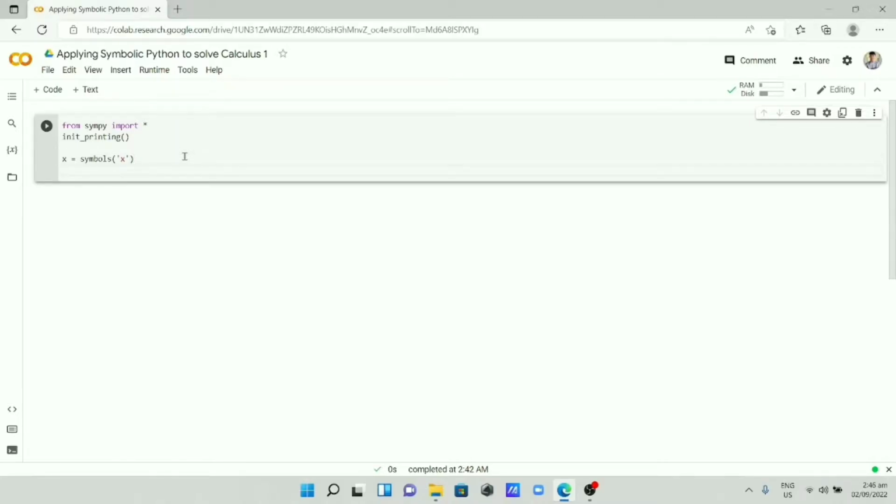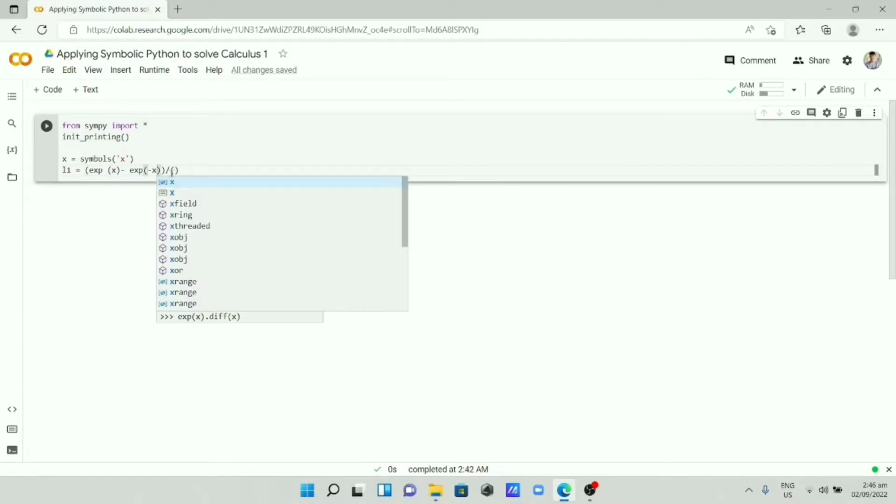And for problem number one on limits, I'm going to use the function L1 equals, let me put the fraction first. L1 equals the exponential of x minus the exponential of negative x over x.